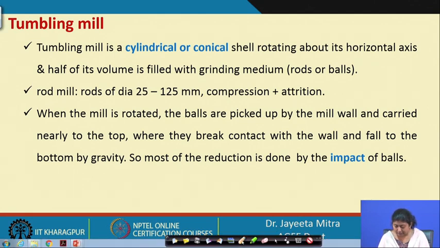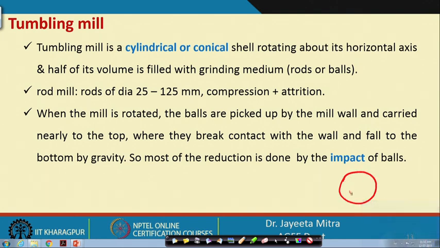If you see, this is a cross sectional view, where almost half is filled with balls, okay, and as this rotates, the balls are picked up from the horizontal section to the upper section, but since it is half filled, when it rotates to the other section, the balls will fall down again, and because of that impact the product will be ground, and also there is the effect of attrition.